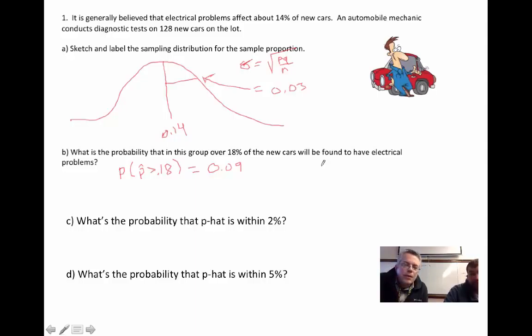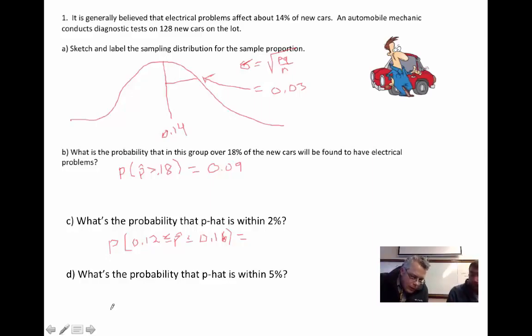What's the probability that P hat is within 2%? So we go from 0.12 to 0.16. We just took the true value, 0.14, and subtracted 2% and added 2%. So what's the probability that our sample is going to be that accurate?